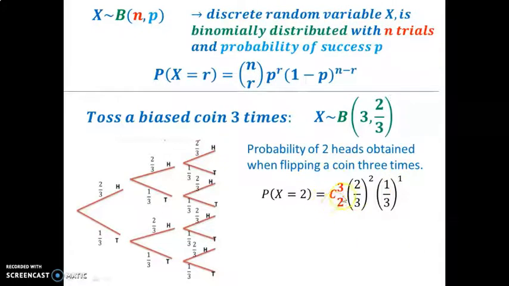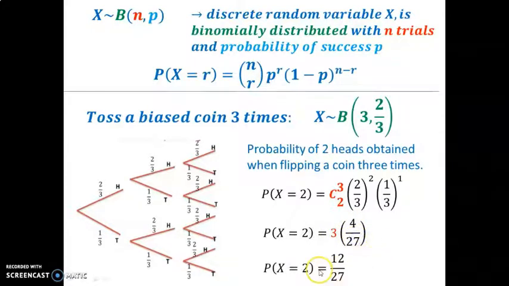So there will be three paths, and each path will look like this, where you have two heads followed by one tail, and the order doesn't matter. That is the binomial distribution formula that's going to help us. So that works out to three paths, and each path looks like this, and therefore our probability is 12/27. It's that easy.